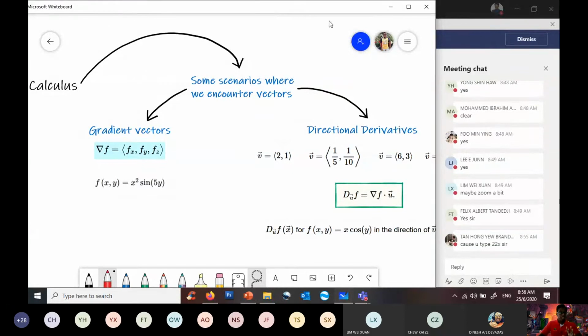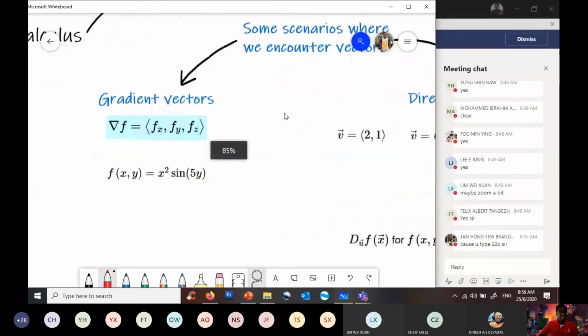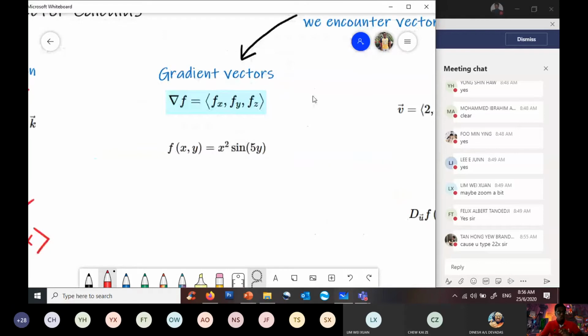So let's look at the first scenario where you will encounter vectors. One is in the form of gradient vectors. What does a gradient vector mean? I really hope that in engineering maths 1, you learned partial derivatives, because I'm only going to quickly recap here.